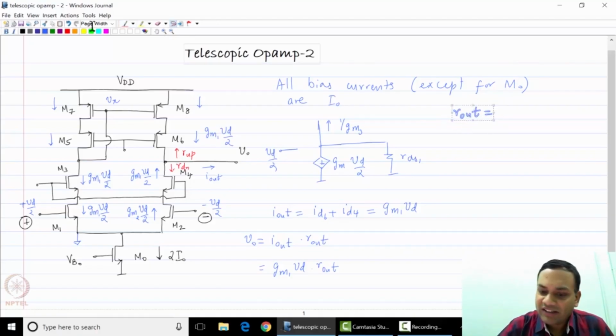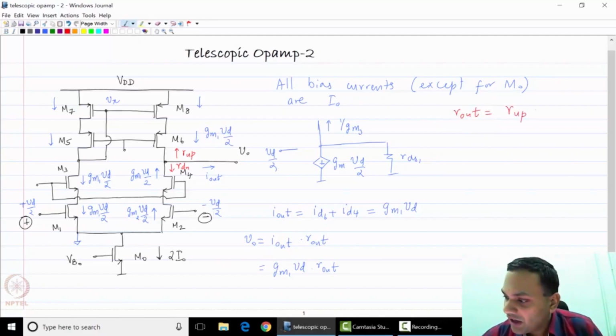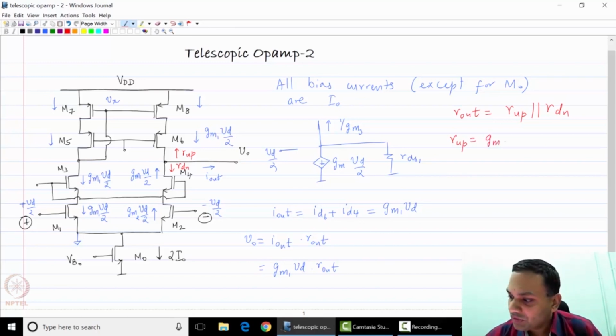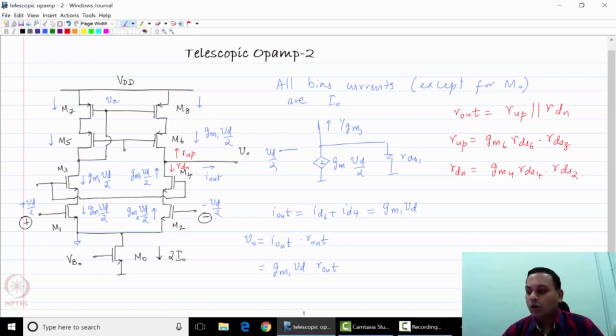So let us write that down in red color. R up is equal to GM6 RDS6 times RDS8, and R down is GM4 RDS4 times RDS2. So you have two cascode resistances.